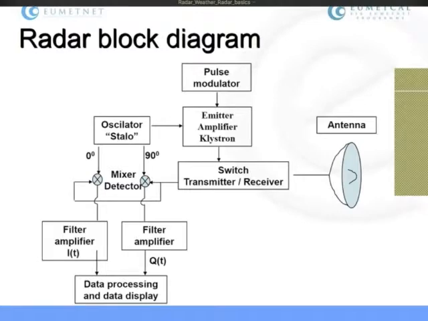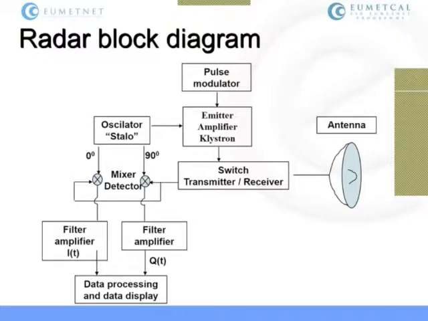So that being said, let's go further and talk very briefly about how a radar system is built. Actually, it consists of a few main parts. One of these is the transmitter, which takes the electromagnetic energy generated by a magnetron or a klystron, and then it is sent through the antenna into the atmosphere.